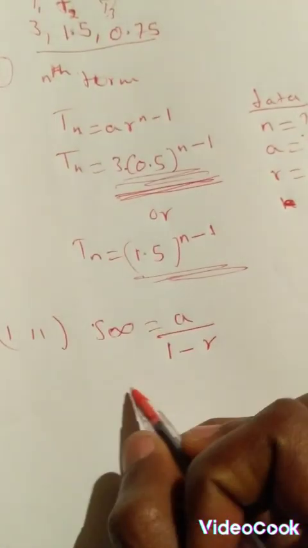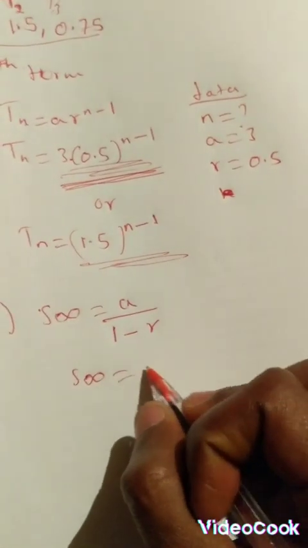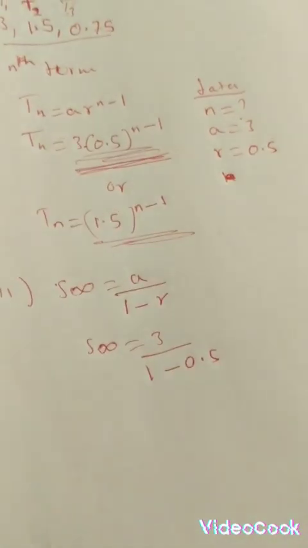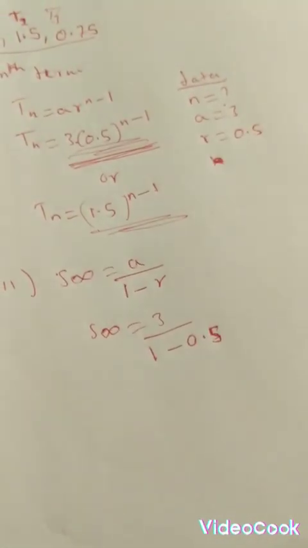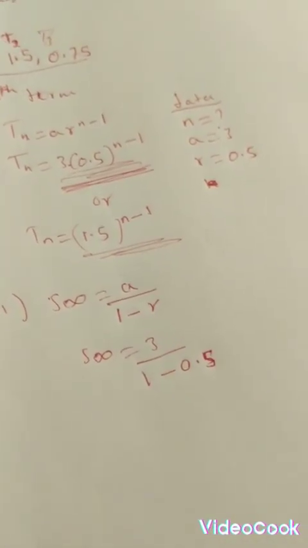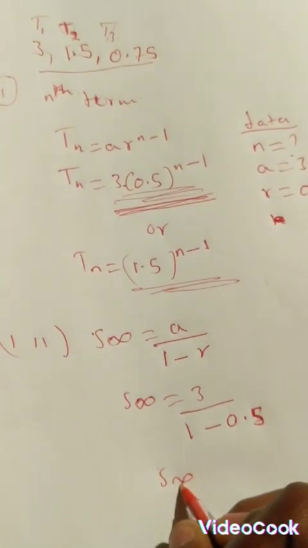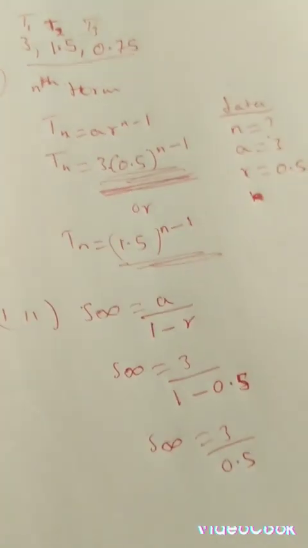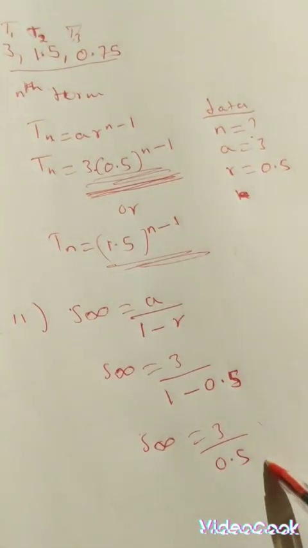We know that our common ratio is less than 1. So sum to infinity is equal to our first term, which is 3, over 1 minus 0.5. Now we can subtract: 1 minus 0.5, what are we getting? We're getting 0.5. So the sum to infinity is equal to 3 over 0.5.